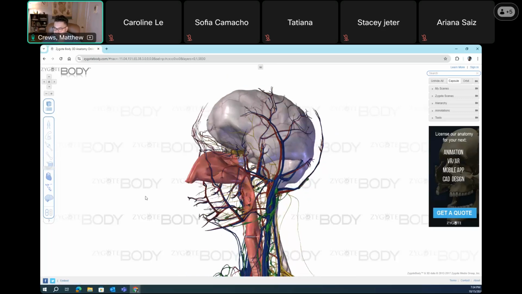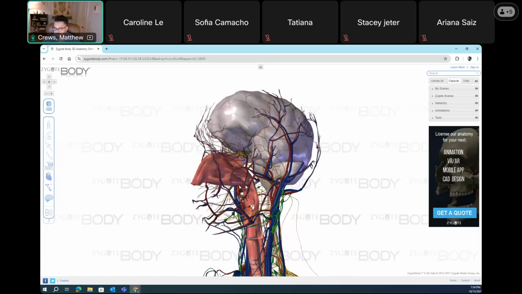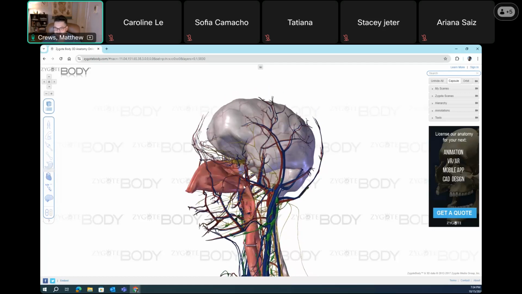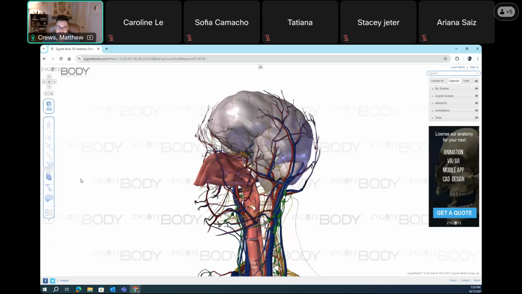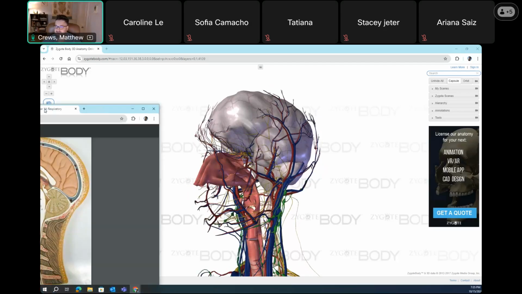Now, air goes in and it comes through your internal nares. Your internal nares are at the back of your nasal cavity. Okay. Right there. So air goes through all that, goes through your turbinates and your conchae. I've got this off the side.